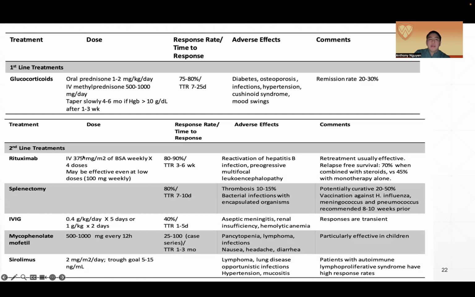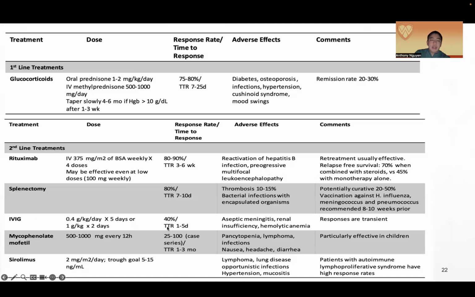Rituximab, which we talked about, is a monoclonal antibody against CD20 on B cells, and that's typically 4 weekly doses, and the response rate is 80 to 90% after 3 to 6 weeks. However, there are risks of reactivation of hepatitis B infection that we may consider. Splenectomy, which we talked about, does carry its own infection risk.